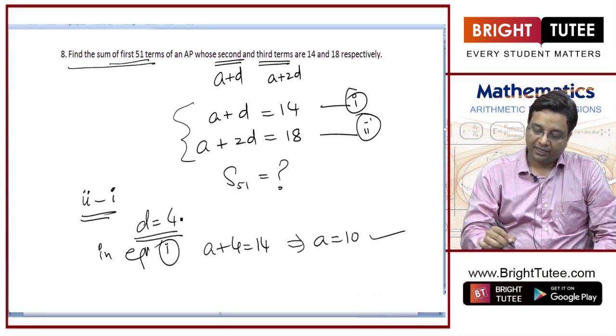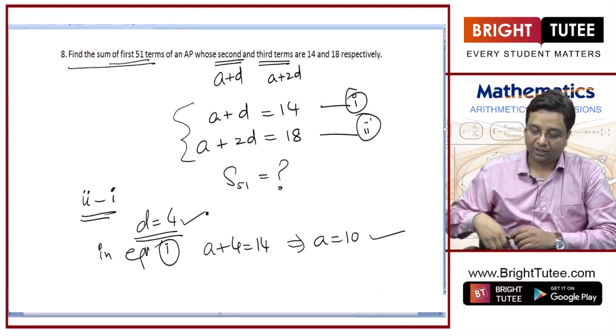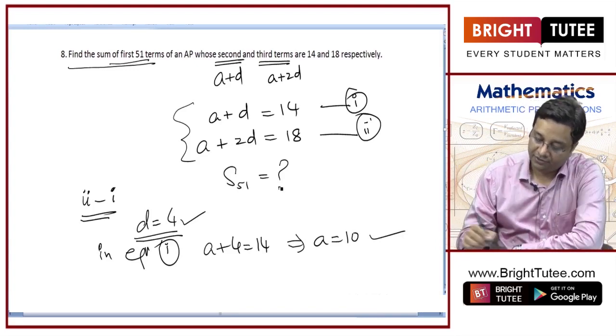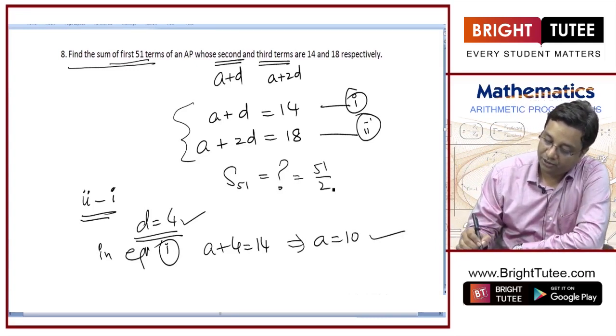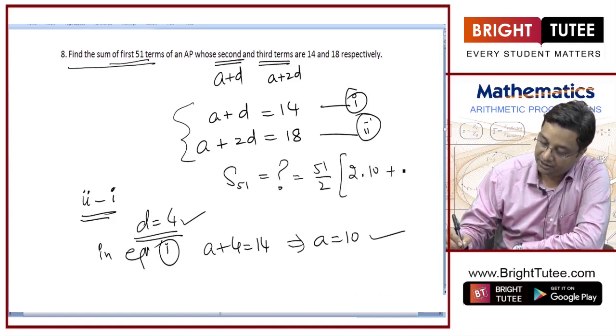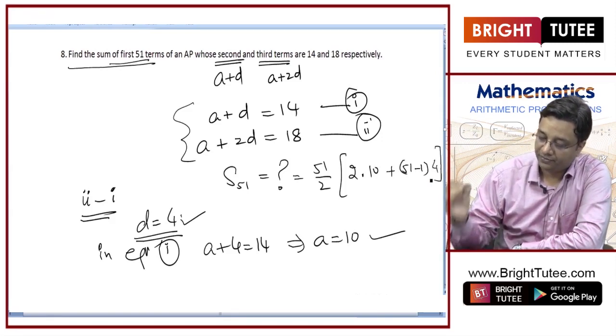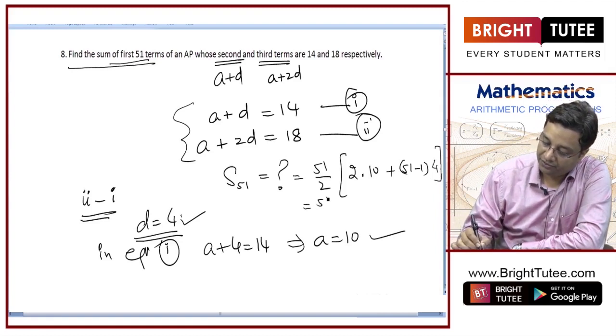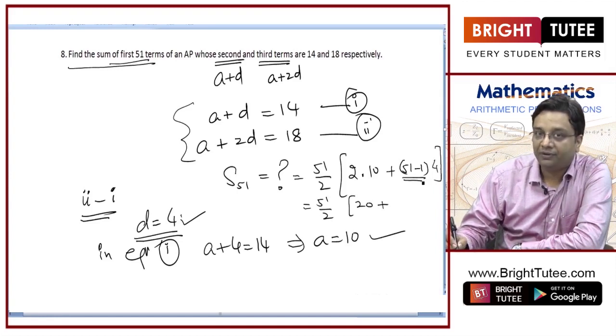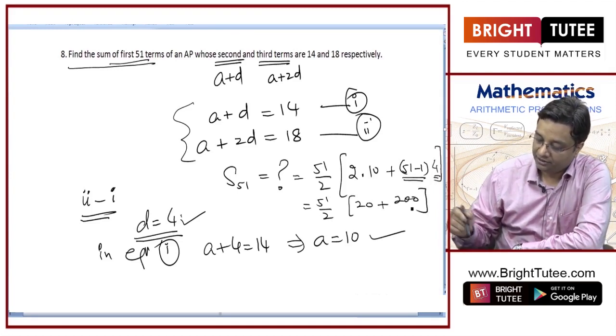Right? A and D now are obtained. So S51 will be equal to 51 by 2 twice of A, which is 10, plus 51 minus 1 into D, which is equal to 4. Right? So it is equal to 51 by 2 into 20 plus this is 50 into 4, which is equal to 200.